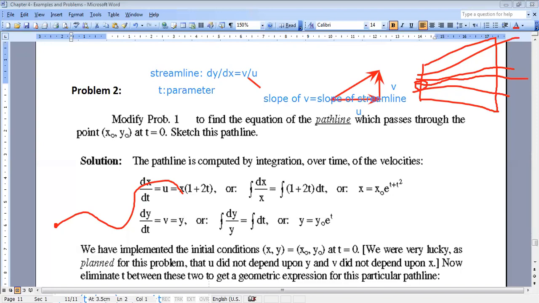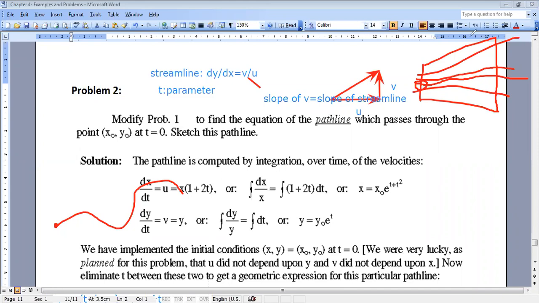In case you have an unsteady application, they will be different. And if you want to understand better the concept of path line, streamline, and streakline, I posted for you a YouTube video that is very helpful. You can see the difference between them in 3 dimensions, so you can see a practical case.